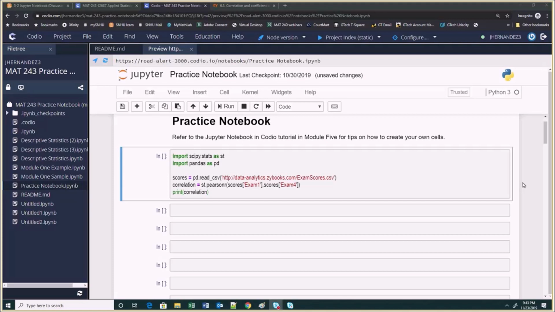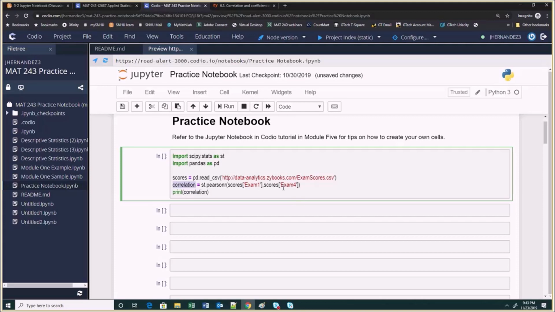So here we have the dataset being imported from a file called examscores.csv. This file has data on exam scores for 4 exams. And we're going to calculate the correlation coefficient between exam 1 and exam 4.